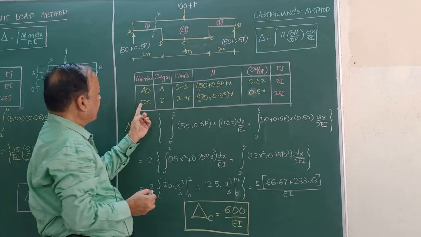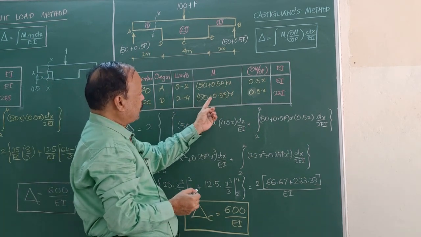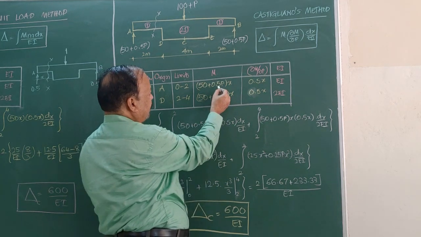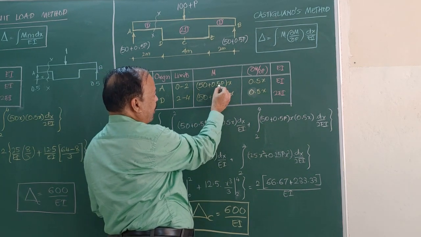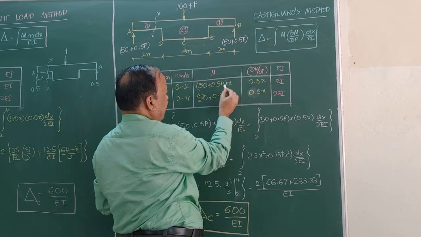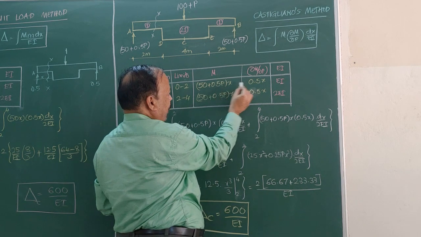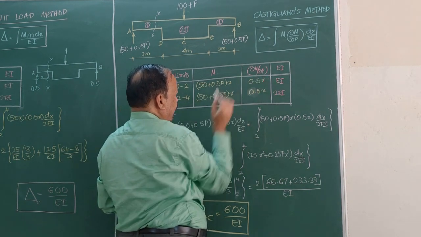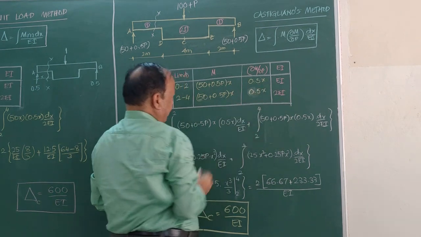In the second part also it is the same, (50 plus 0.5 P) into x. Then differentiating partially this expression with respect to P, that is del M by del P, you will get 0.5x.